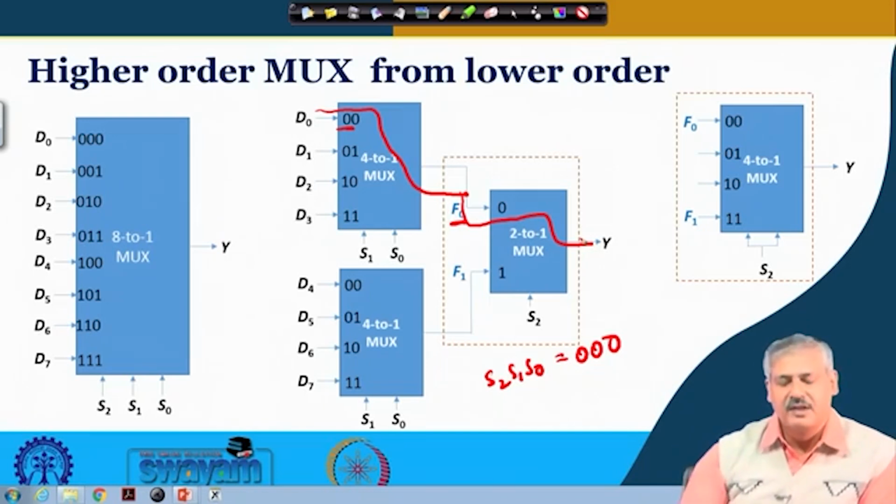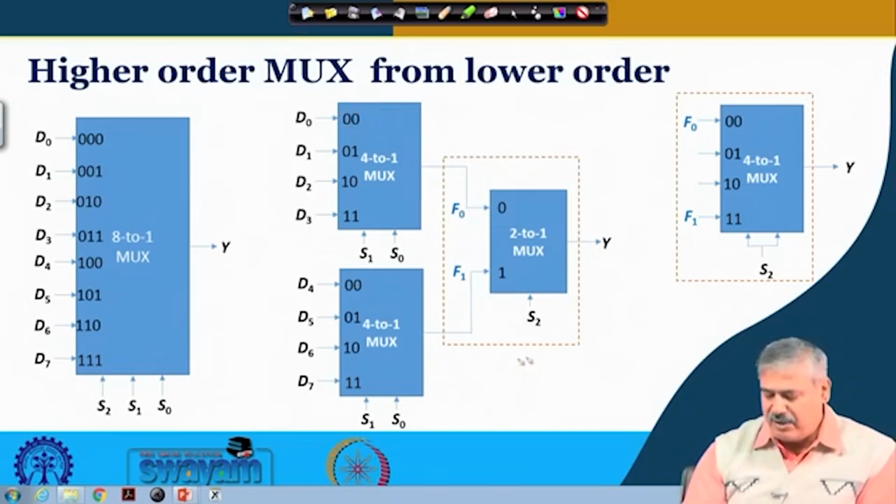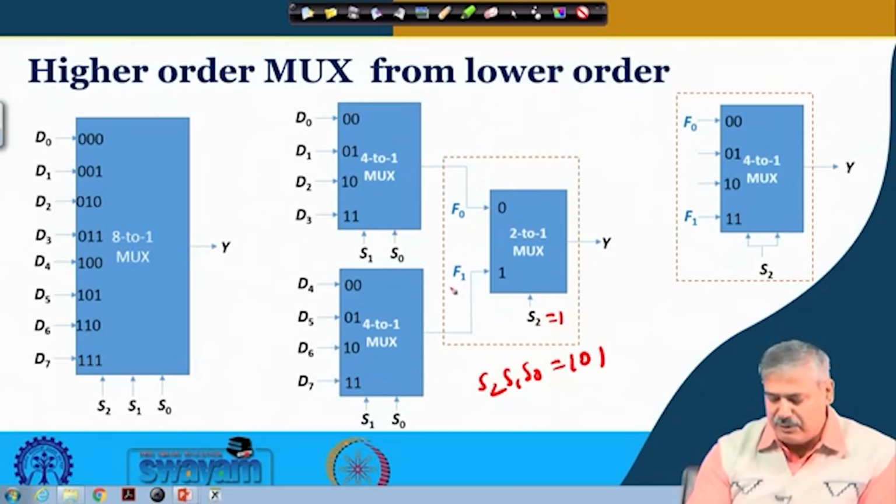If we take an example of S2, S1, S0 as 1, 0, 1, what will happen? S2 is equal to 1, so F1 will be selected and go to the output. So Y is equal to F1, and S1 is 0 and S0 is 1.